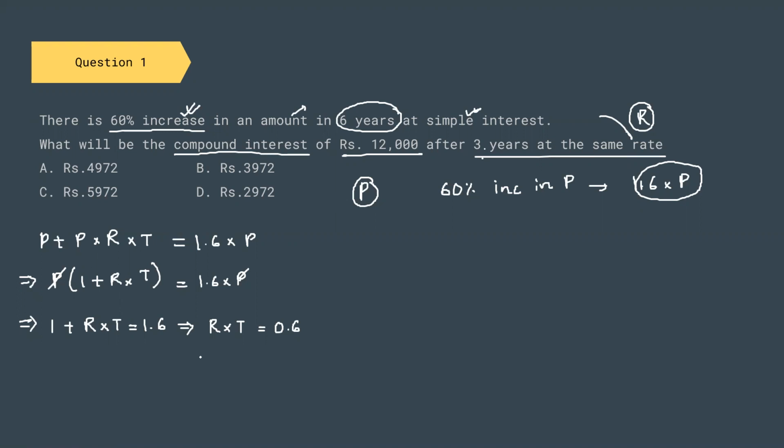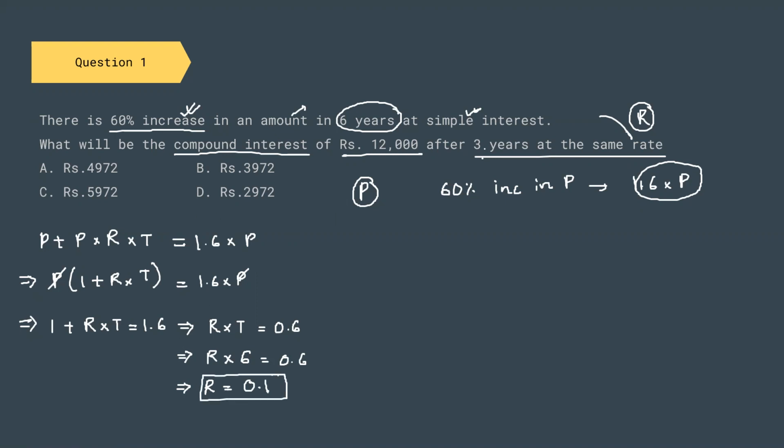Now the time is 6 years, so we replace T with 6: R into 6 equal to 0.6, that gives us R equal to 0.1, that is your rate of interest.